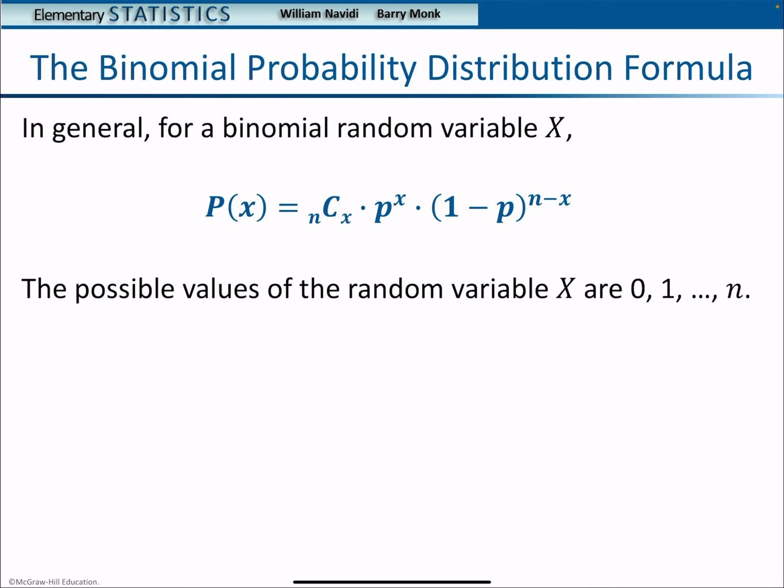All right. So in general, here's the formula, and don't be scared by it. In order to understand this notation here, combination of n choose x, we need to introduce a mathematical symbol called the factorial. Factorial is basically an exclamation mark.